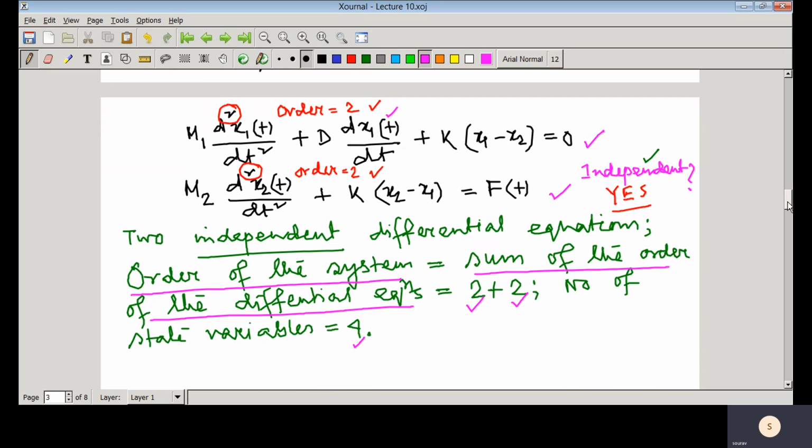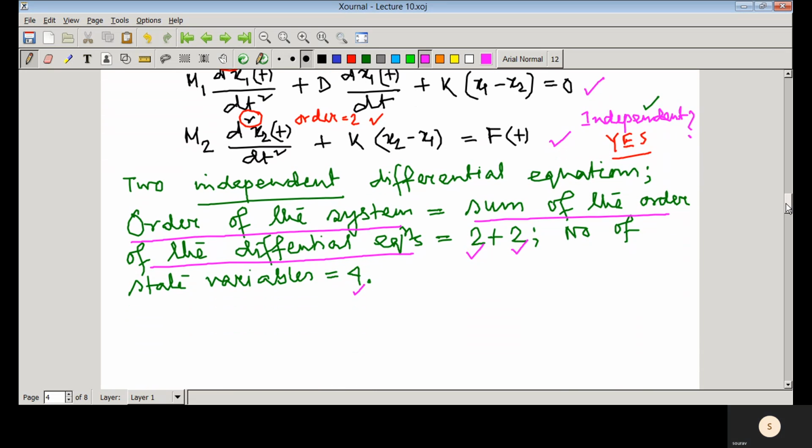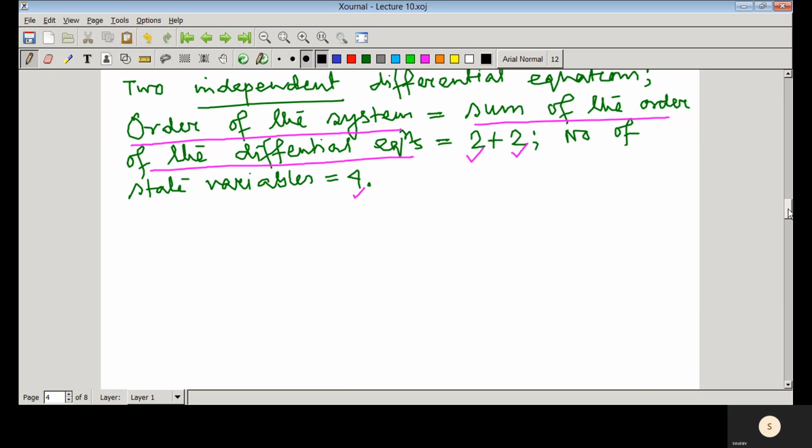Now we define the other two state variables, that is the derivatives of those displacements, that is the velocities. Let v1, the velocity, be equal to dx1 by dt, and v2 equal to dx2 by dt. Take these two variables, v1 and v2, as state variables.